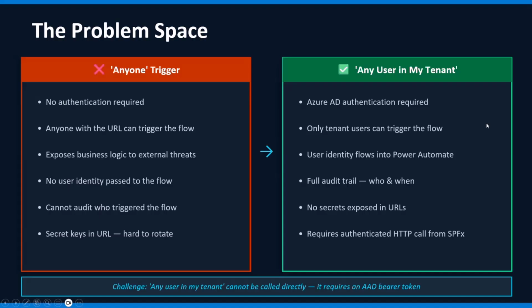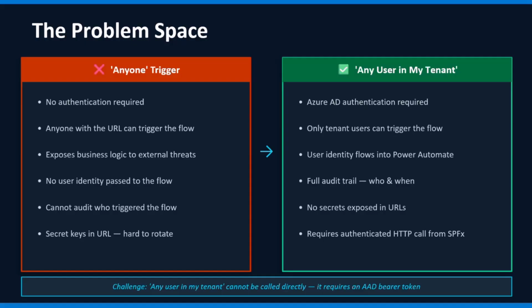So what's the problem space? Particularly in a Power Automate flow, we have an HTTP action where we can trigger in multiple ways. One is we select the option that anyone can trigger, which is the non-authenticated way. It's kind of a last resort or bad practice.